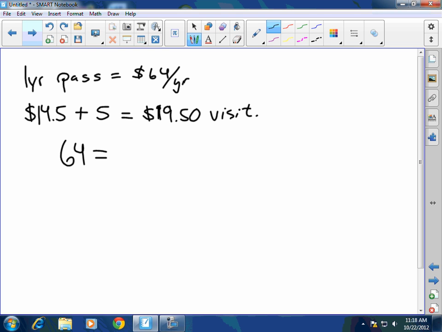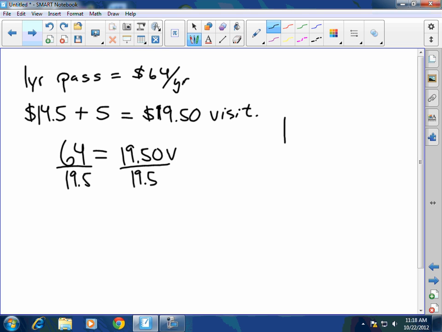When will that equal $19.50 per visit? Divide by 19.5 on both sides.